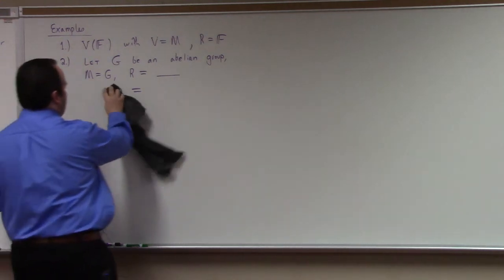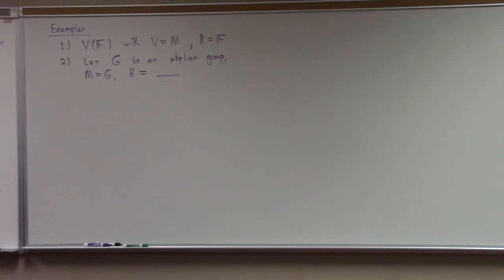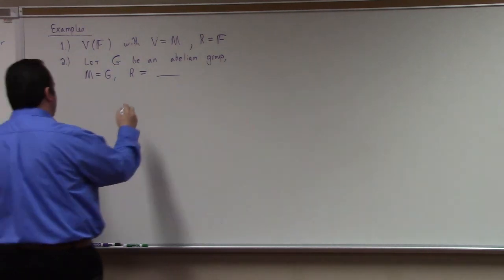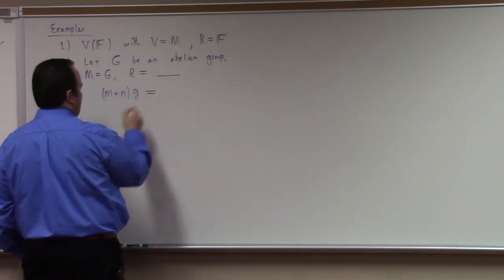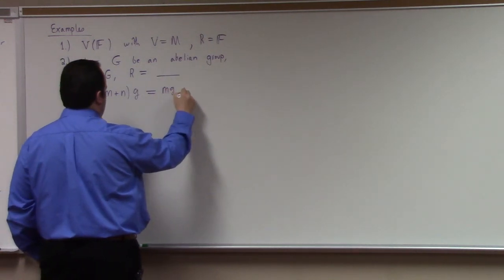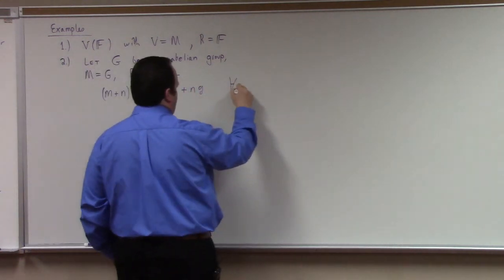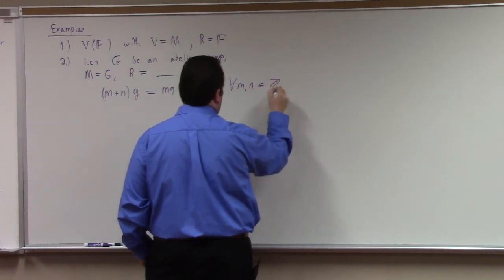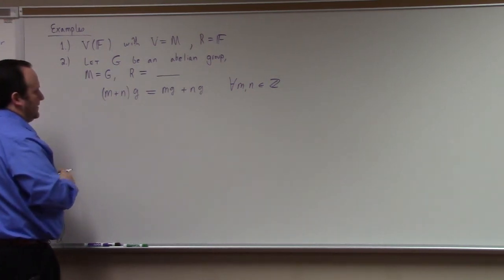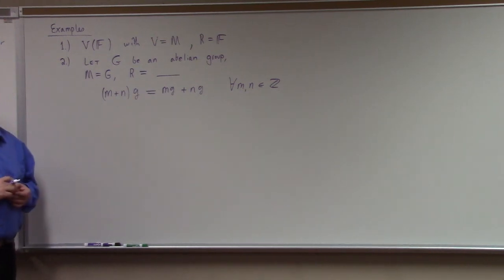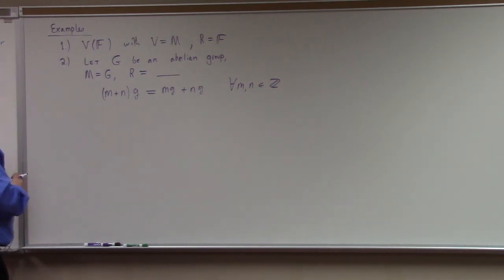It's kind of funny, but to make contact with my usual intuition, I kind of have to switch the letters around here a little bit because for my scalars I usually use m and n. I mean, this is mg + ng, right? For all m and n in the integers. Yeah, so this should be the scalar multiplication.